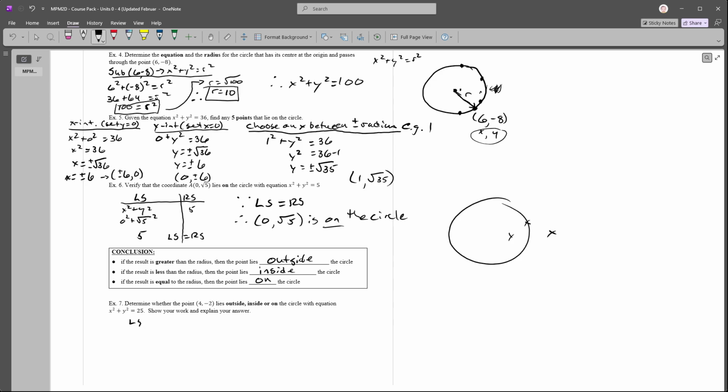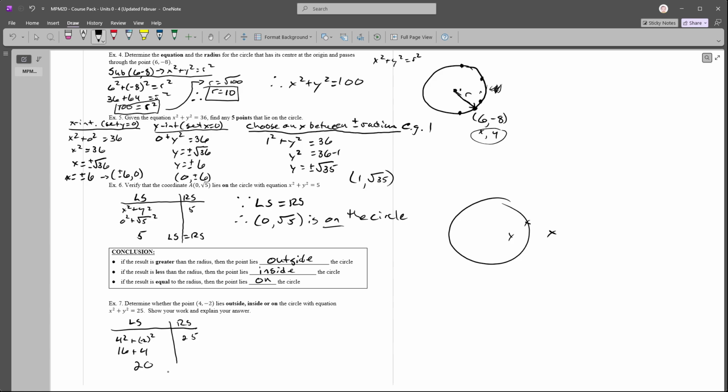So left side. We're going to substitute our 4, -2 in there. That's going to be 4 squared plus -2 squared. And on the right side, we just have 25. So 4 squared is 16, plus -2 squared, that's 4. So this gives us 20.